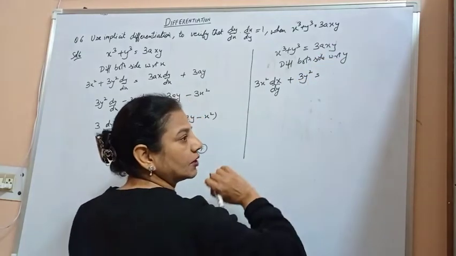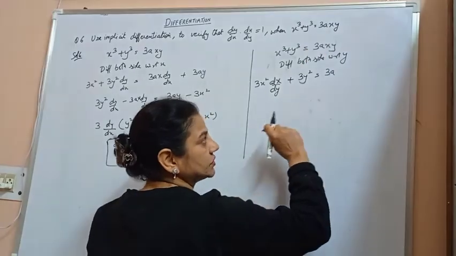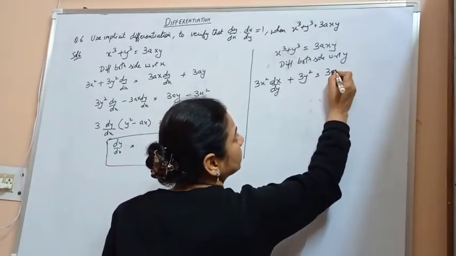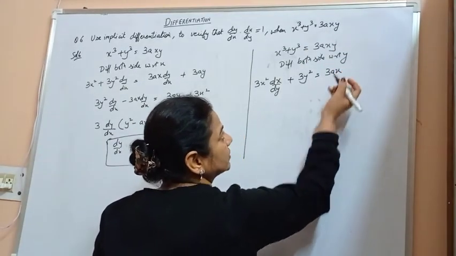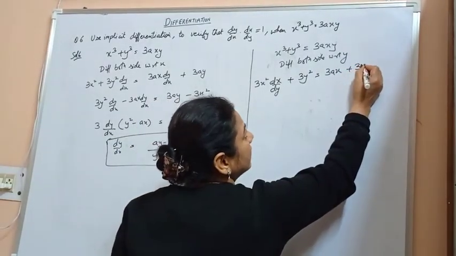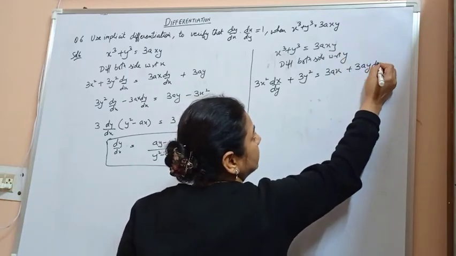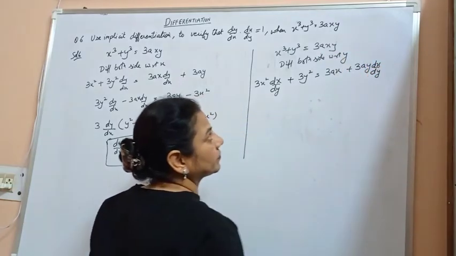Again, I apply the product rule here. So I get 3a, since x is the first function, first function into derivative of second function, derivative of y is only 1, plus 3ay into differentiation of the second function, which is dx/dy.